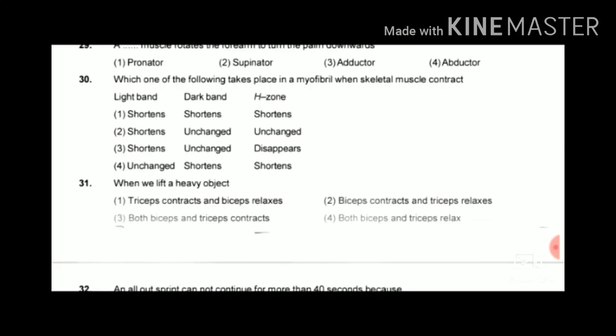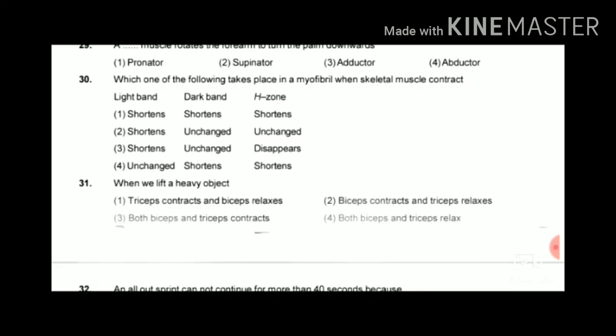Number 3, light band shortens, dark band unchanged and H zone disappears. Number 4, light band unchanged and dark band and H zone become shortened. And the answer is option number 3, light band shortens, dark band unchanged and H zone disappears.